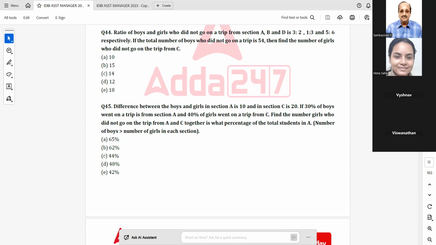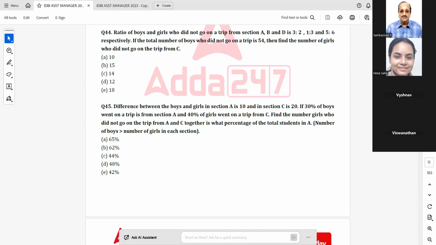They are giving one information. Difference between the boys and girls in section A is 10 and in section C is 20. But last they are giving one point in bracket. Number of boys is always greater than number of girls in each section.